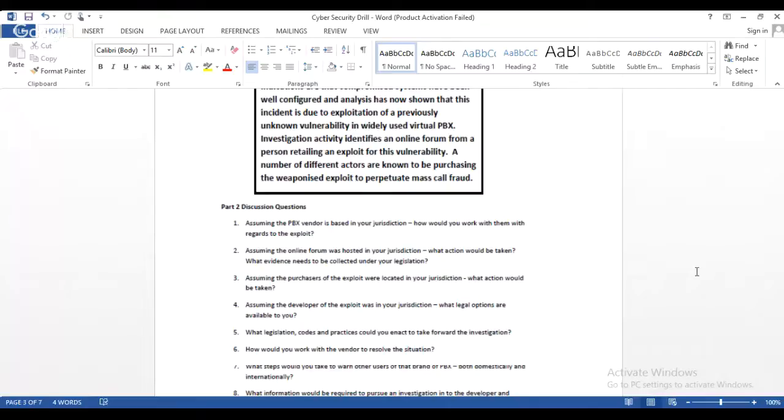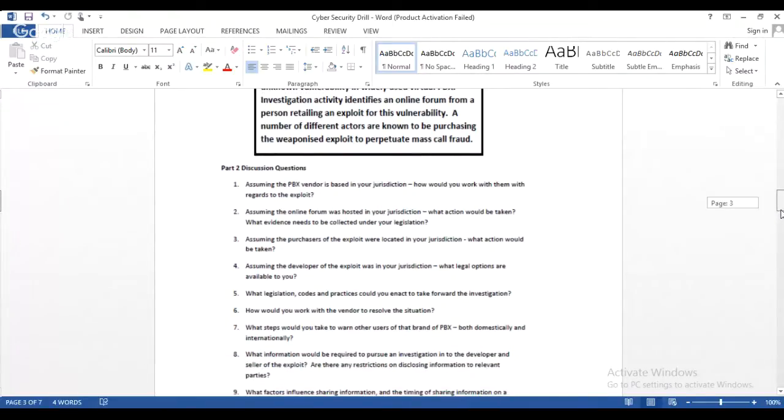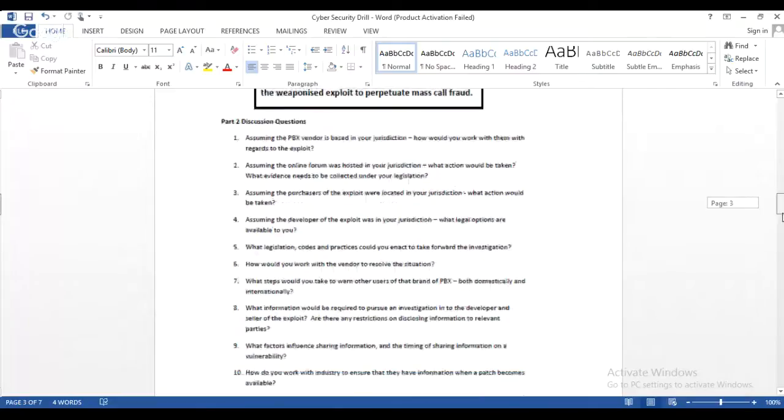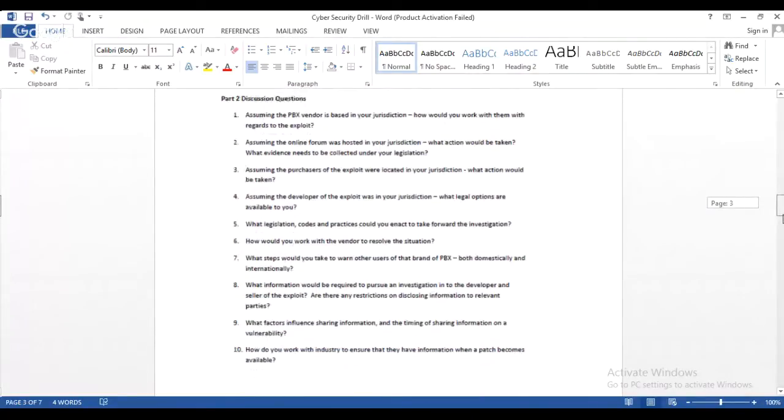So, fifth question. Yes, Dishan. Question number 5 is what legislation, codes and practices could you enact to take for the investigation?